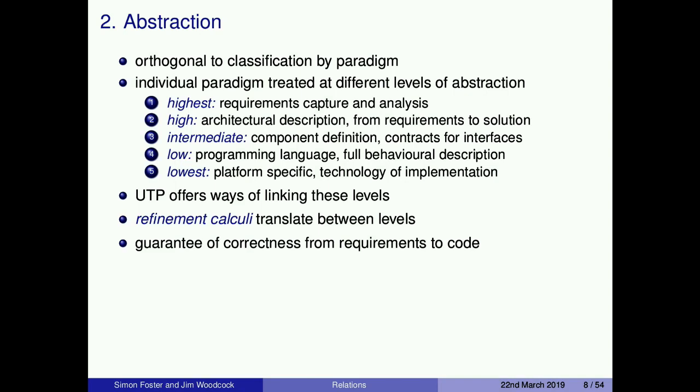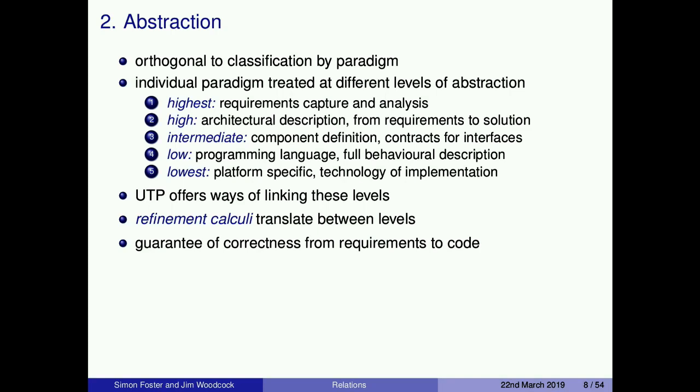Abstraction, we've already mentioned. It's an orthogonal classification, so we, of course, have very high-level languages like requirements capture and analysis, working down to architectural descriptions, requirements, solutions, and then component definitions, contracts for interfaces for those components, and then going down into actual programming languages with a full behavioral description, and finally, platform-specific implementations, right?